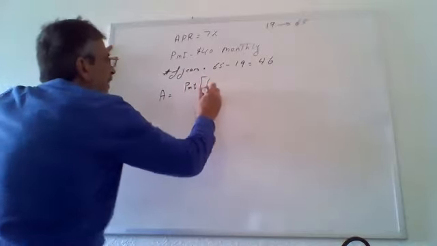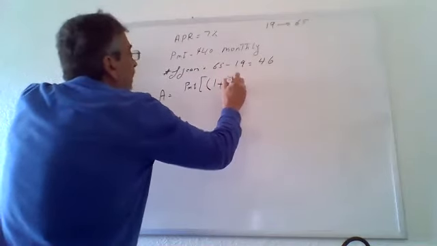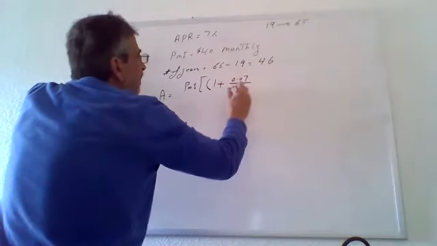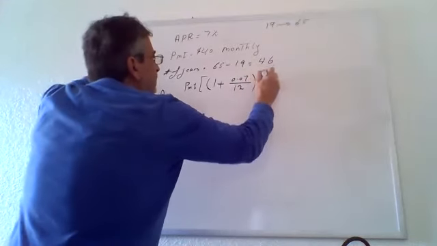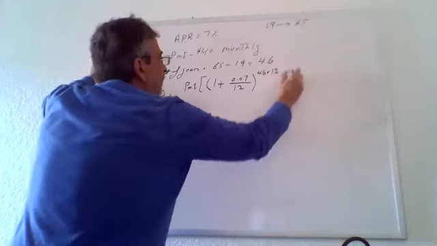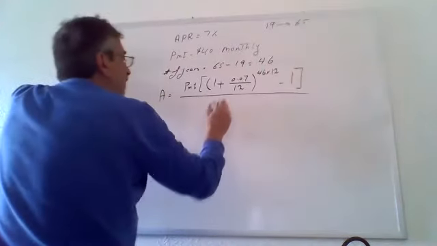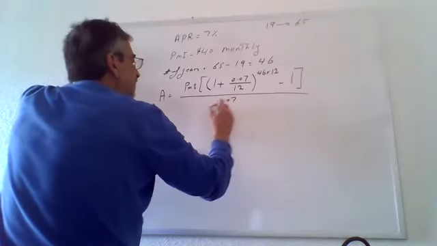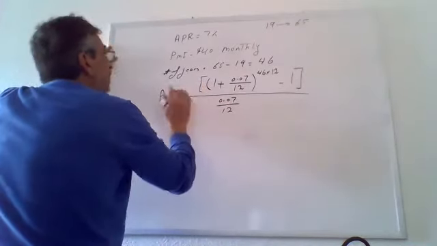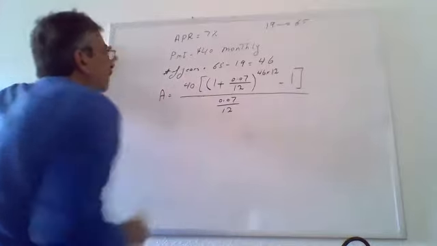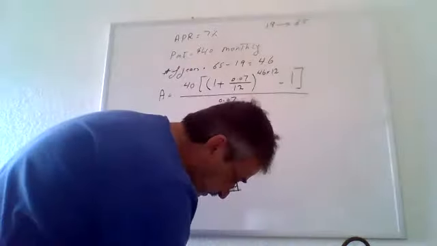So we need to figure out A equals your payment times 1 plus 0.07 divided by 12, to the power 46 times 12, minus 1, divided by 0.07 divided by 12. Let me just put 40 over here. All right, let me see what that number comes out to be.